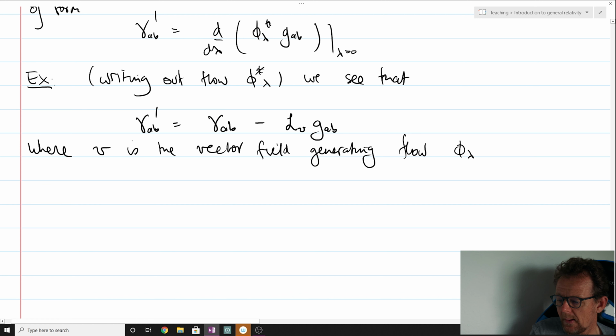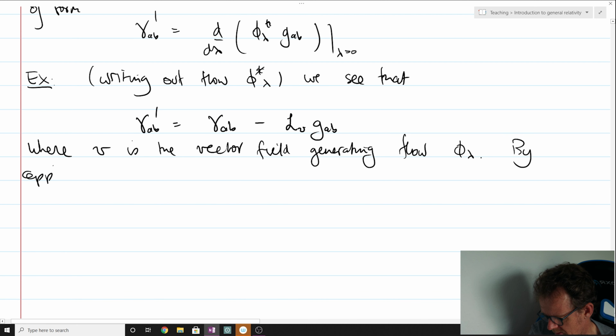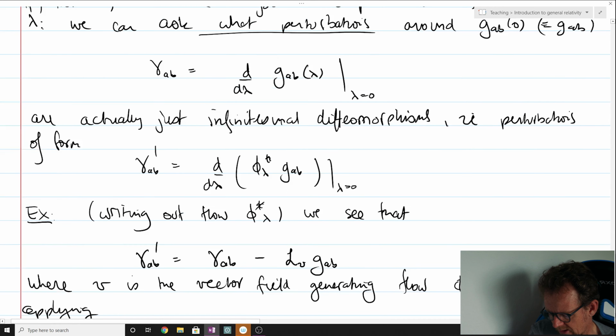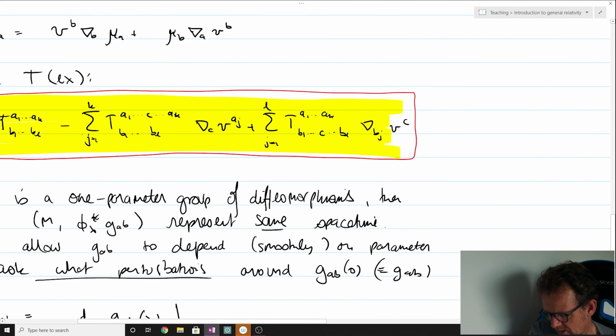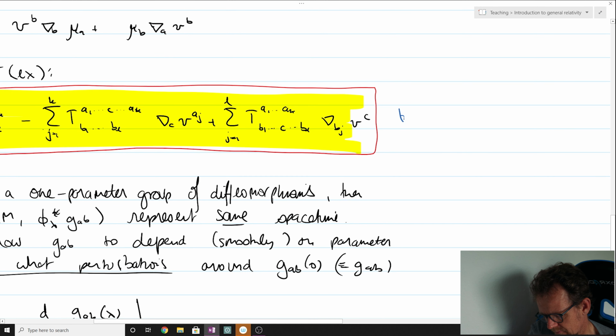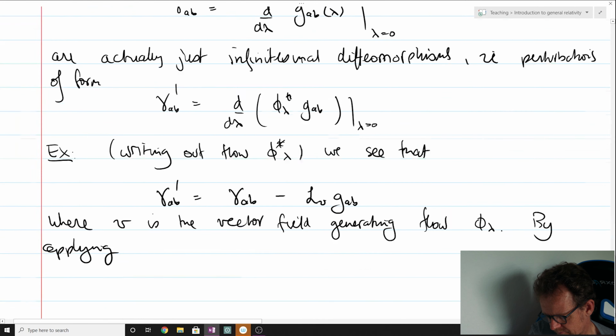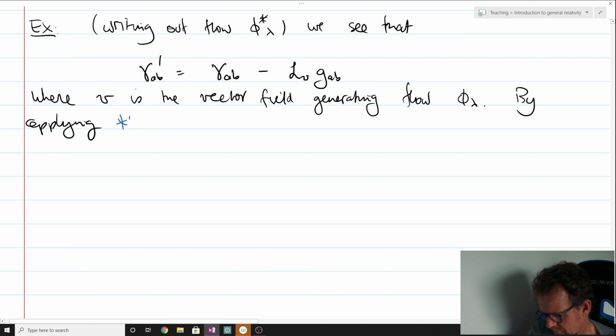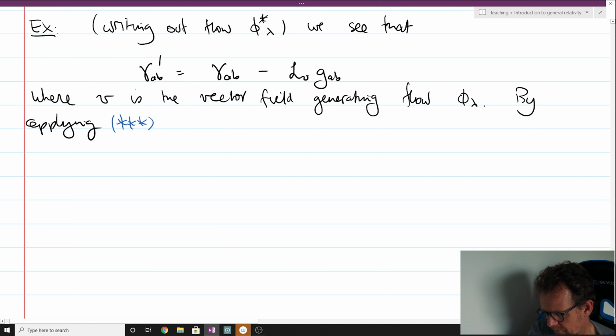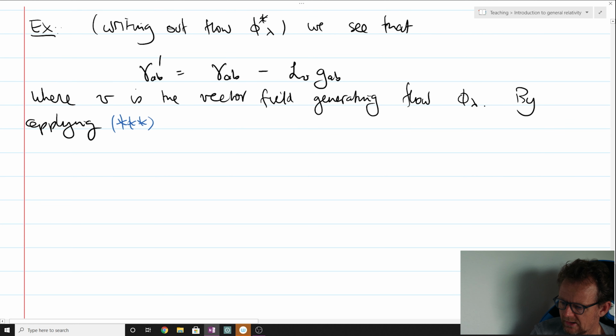We have an answer, but we want a slightly more convenient formula for this. And we can get that by applying this formula that we derived earlier. Let's call it triple star maybe. We can actually get a slightly more explicit formula for the action of the derivative on the metric g_ab.